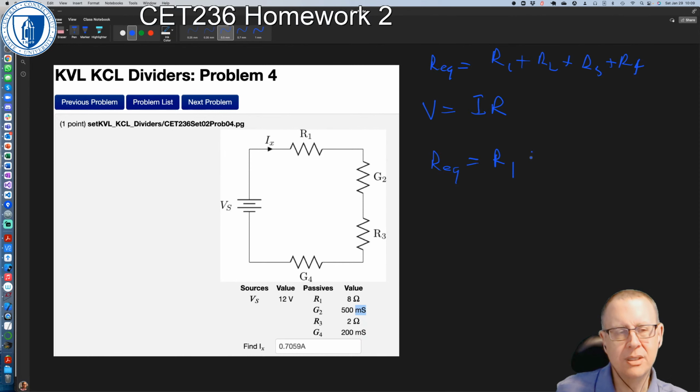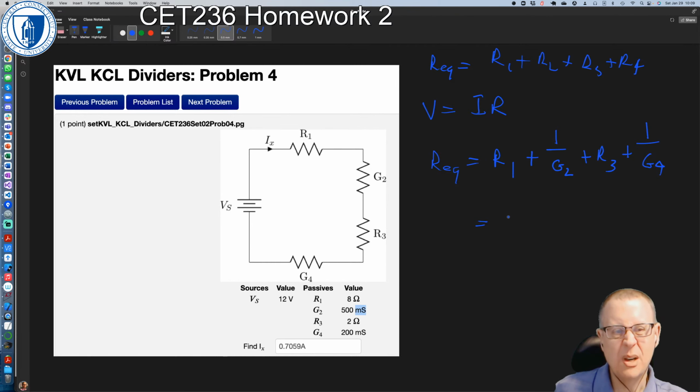which we have, plus 1 on G2, which converts our Siemens into ohms, to R3, and then we just add 1 on G4.